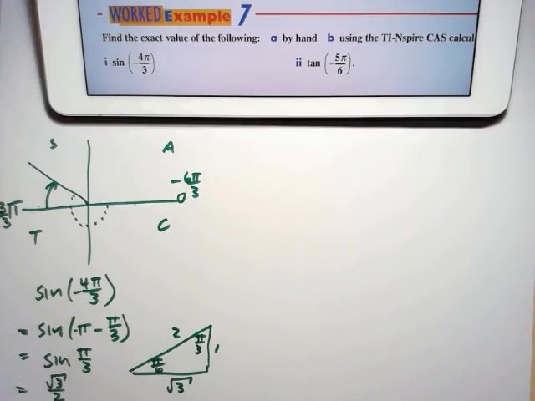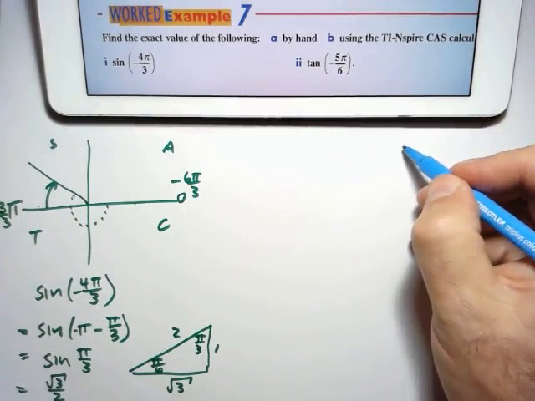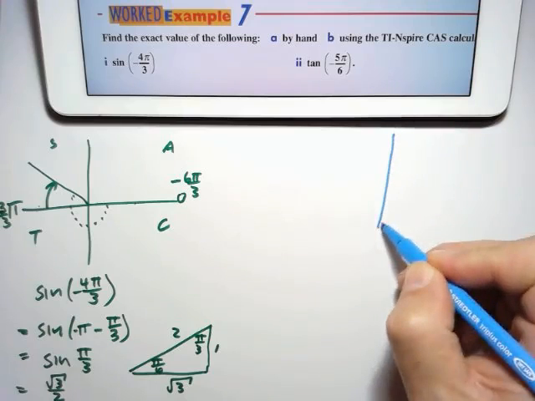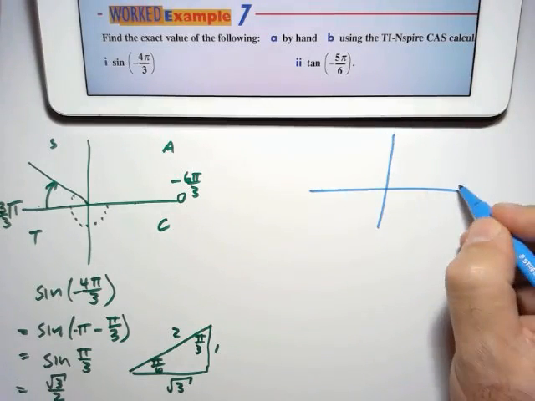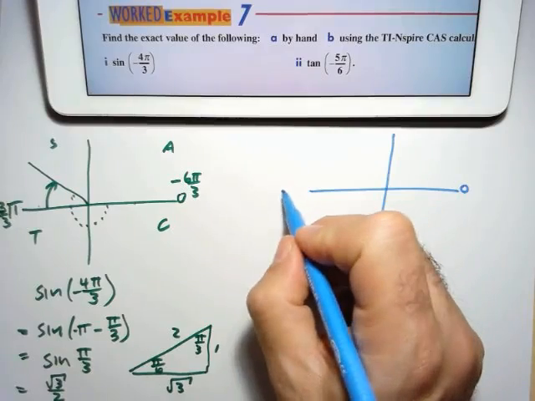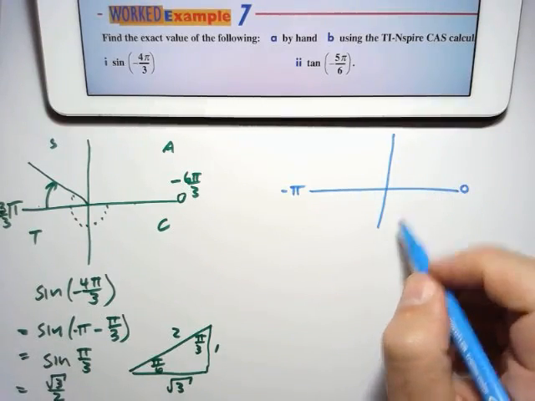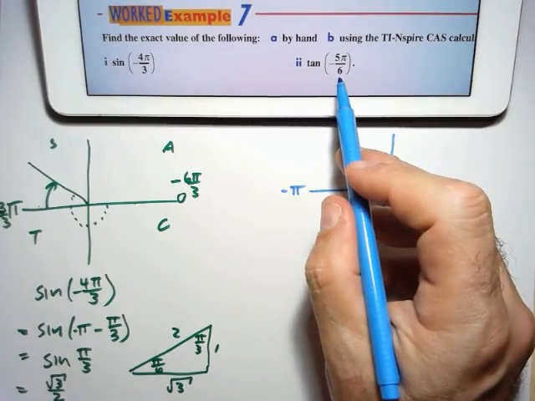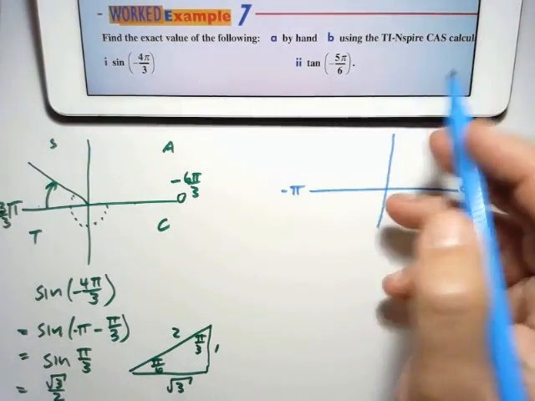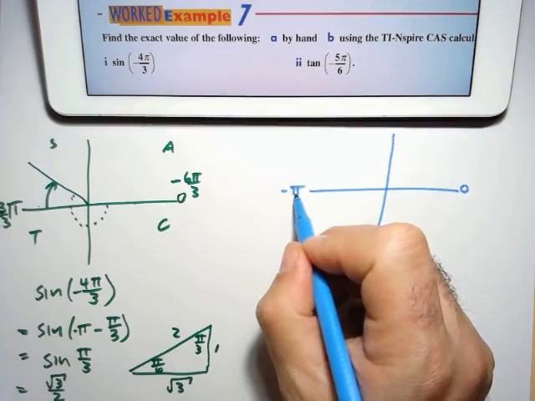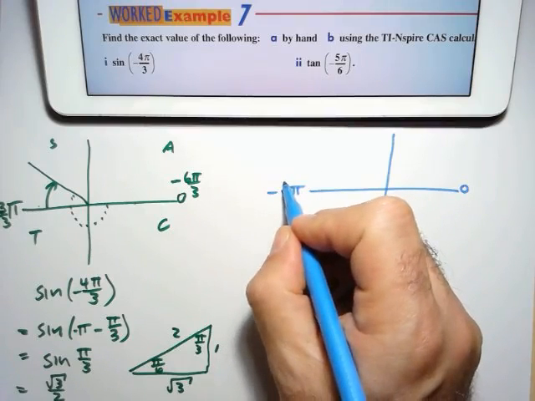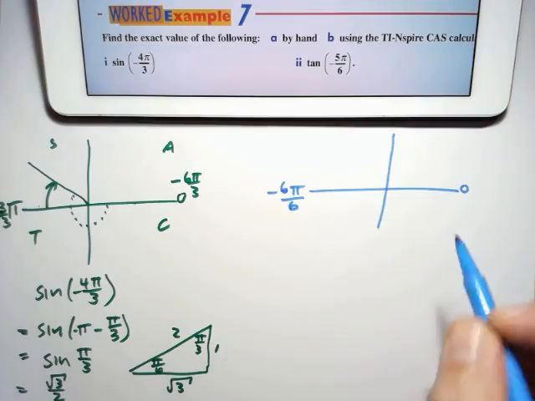The tan of negative 5 pi over 6, I'm going to do my CAST. Okay, I'm going to start with 0, I'm going to go minus pi, minus 2 pi, so I go back into the negative direction. However, they give me a fraction to the base 6, so I'm going to say this negative pi is actually negative 6 pi over 6.